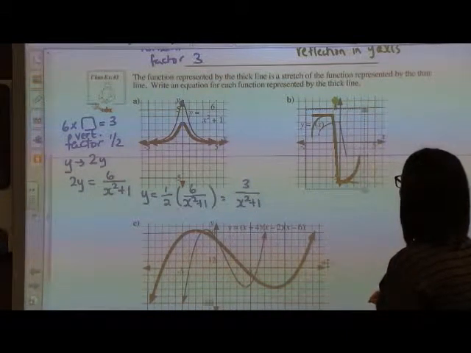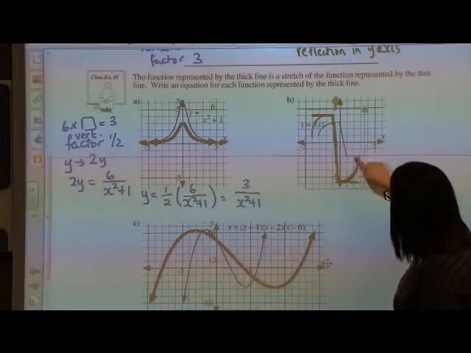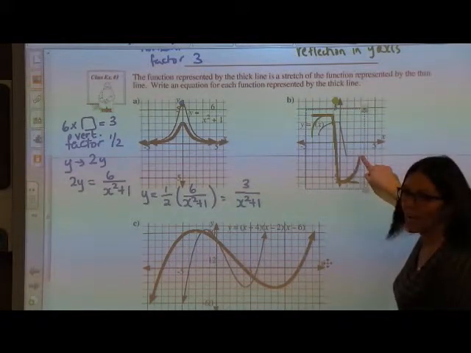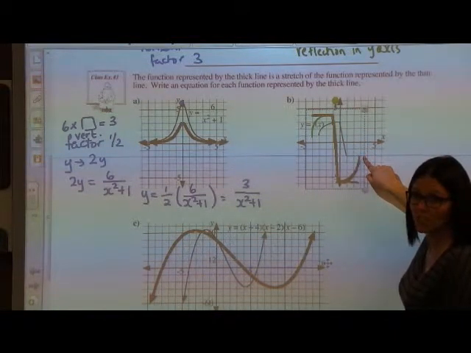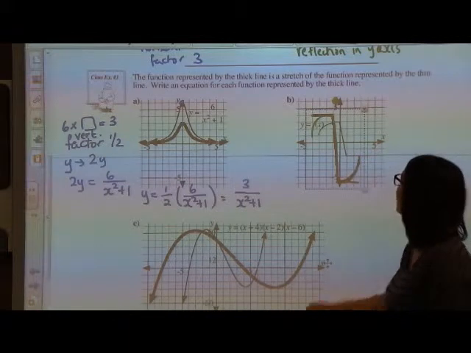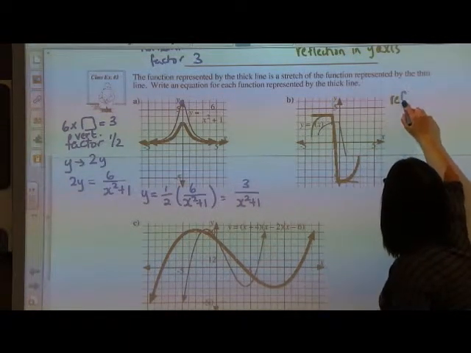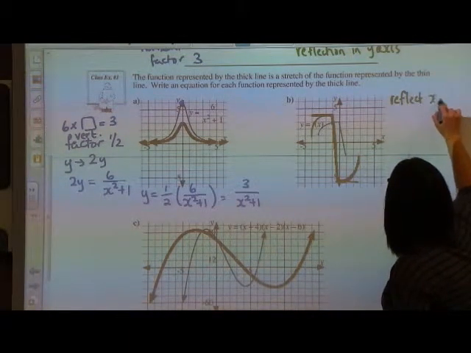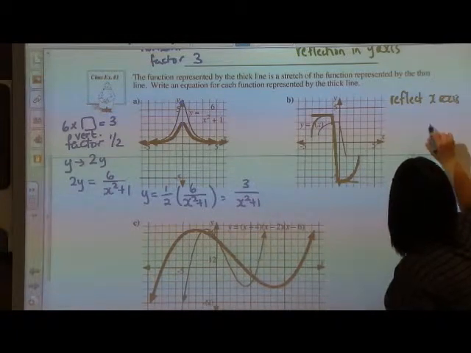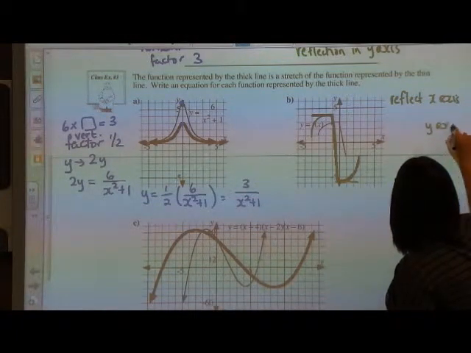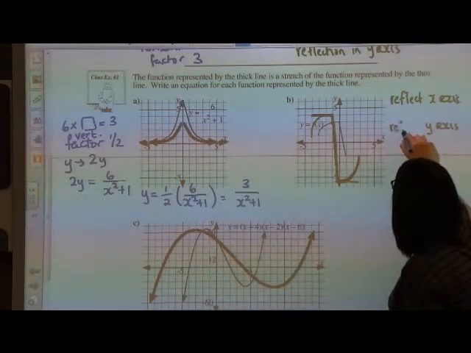Yeah, so now it's actually going the same way as the original question. So I had a reflection in the x-axis. I had a reflection in the y-axis as well.